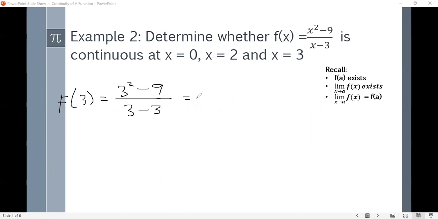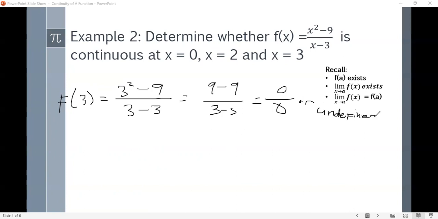So, meron na po tayong 9 minus 9 over 3 minus 3, which equals to 0 over 0, or siya po ay undefined. Kung undefined po siya, so hindi po siya nag-exist or does not exist. So, sa first condition pa lang, hindi na po siya satisfied.